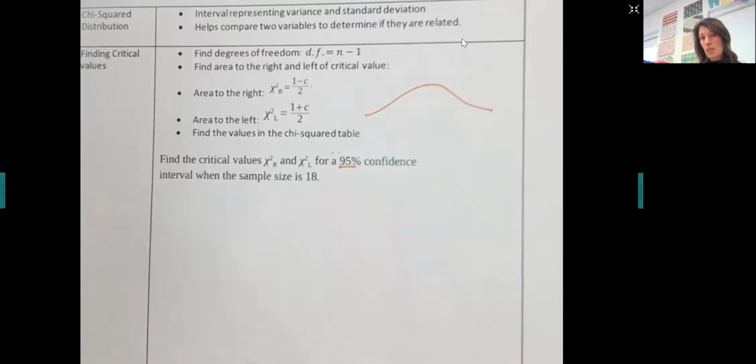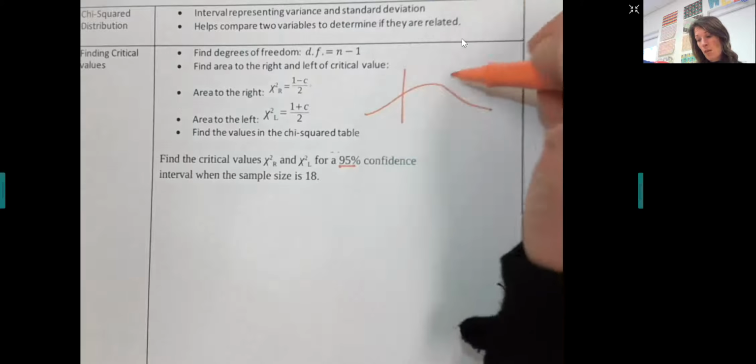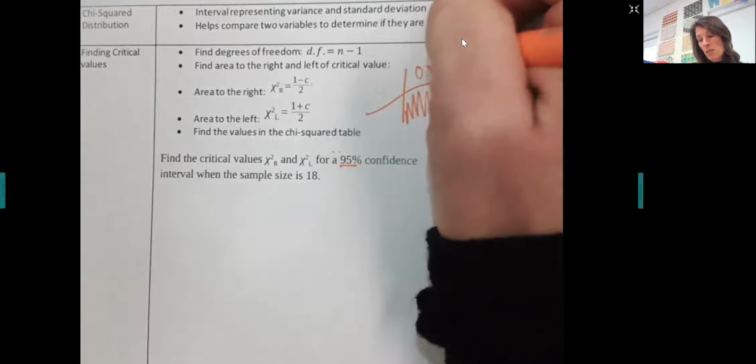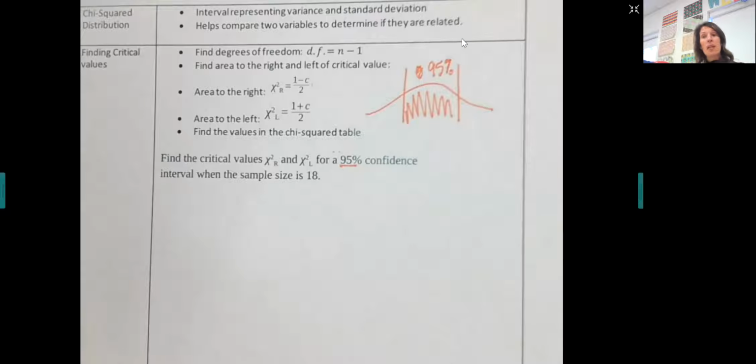And if I'm looking for the 95% confidence, remember that this is my 95% confidence. Now, if my 95% confidence is in the middle, how much is left over? I can only have a total of 100%. So between these two tails, that means that I have 5% left over. 5% divided by 2 is 2.5%.